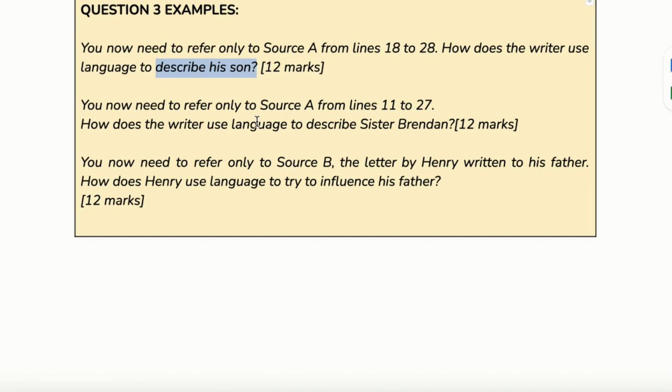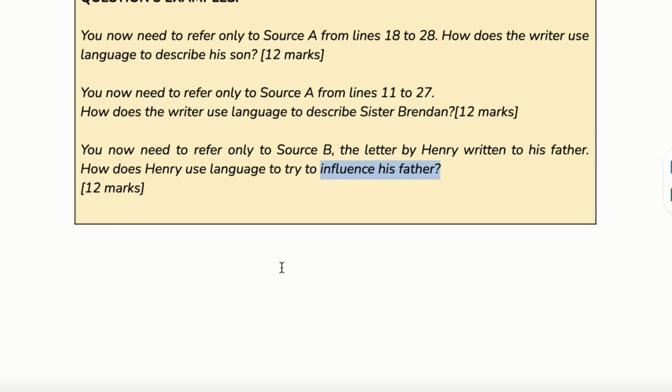Describe his son. I would look at 3 different ways the son is described. Describe Sister Brendan. I would look at 3 different ways she's described. Influence his father is a bit different. I would look at 3 different ways that Henry is trying to persuade the father. So each paragraph becomes a different topic, and within that you analyze lots of techniques.